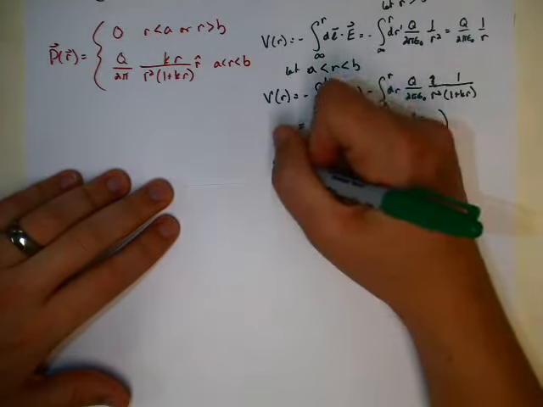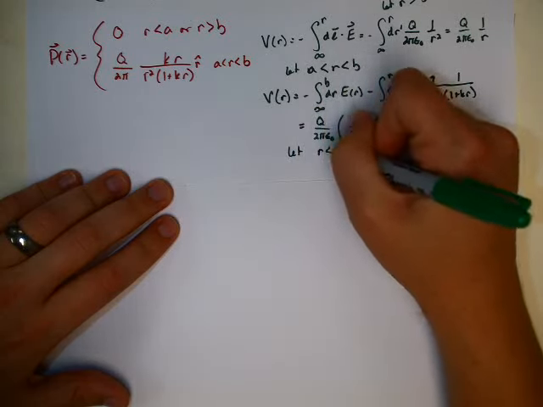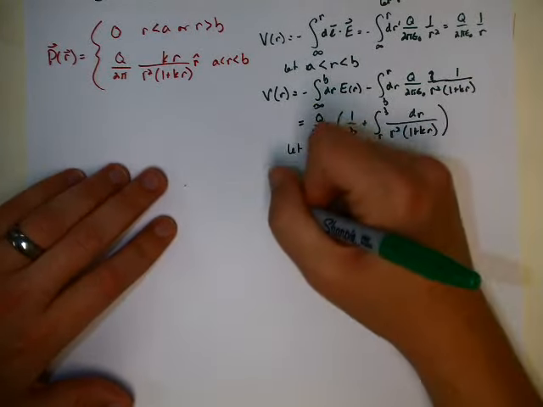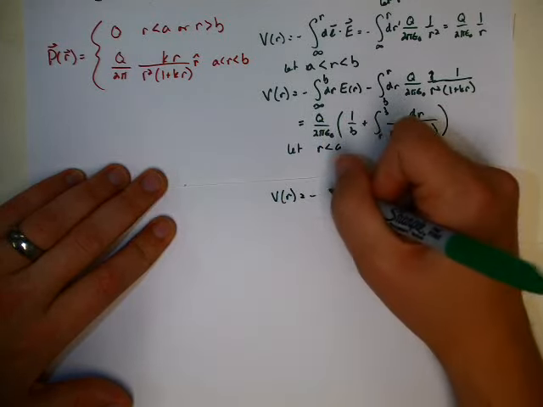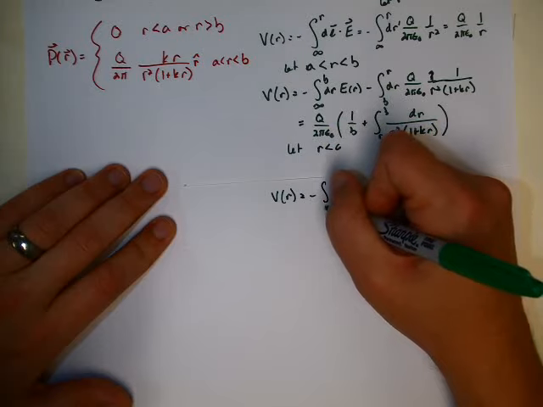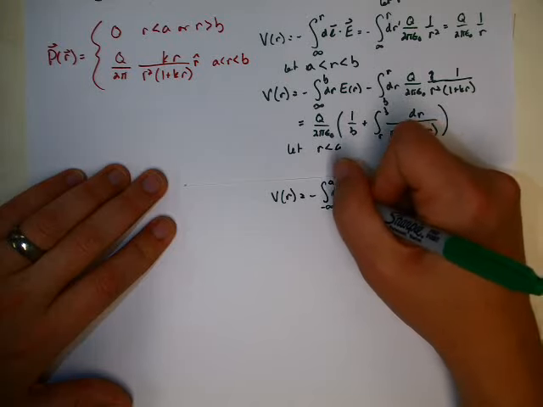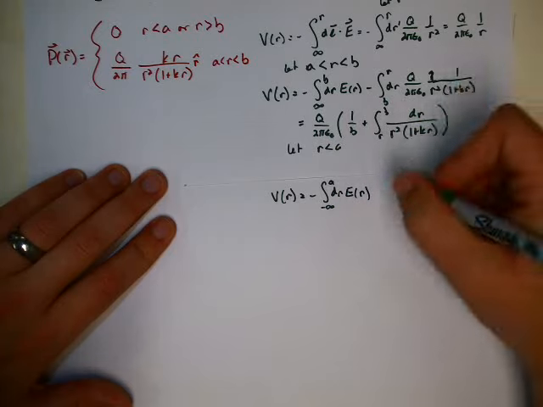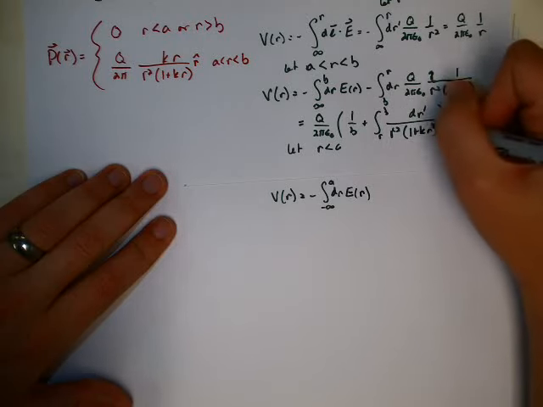For the final expression, if we let r be less than a, then we're going to get this same expression we had before. This V of r is going to be minus the integral from negative infinity to a, dr prime, times the E of r. That's what we did right there, but evaluated at a.